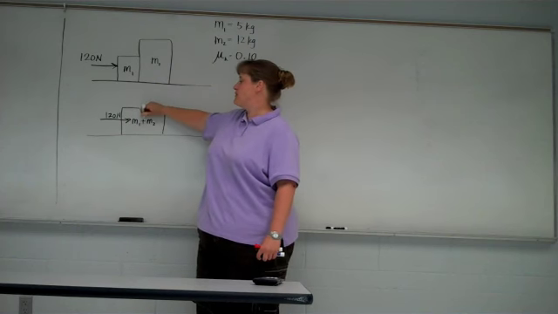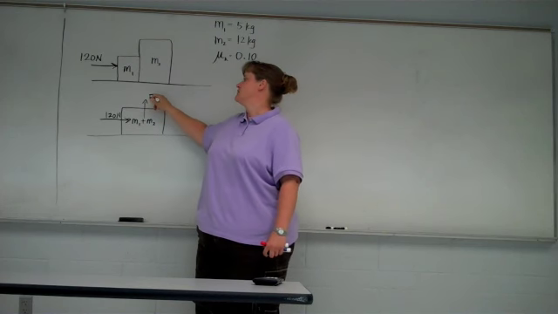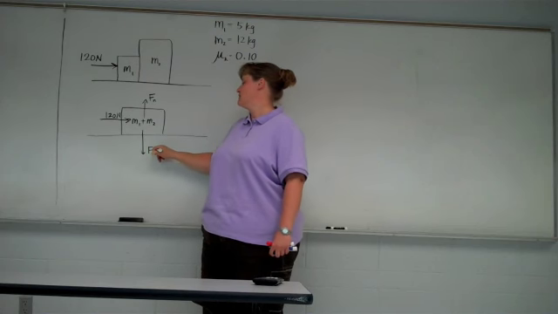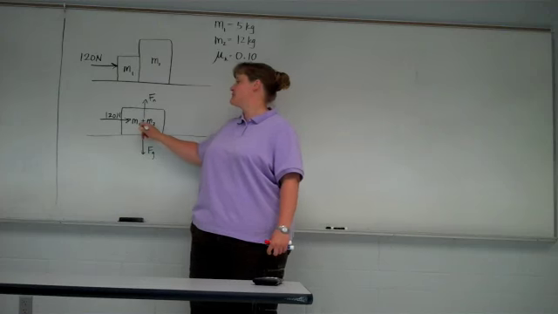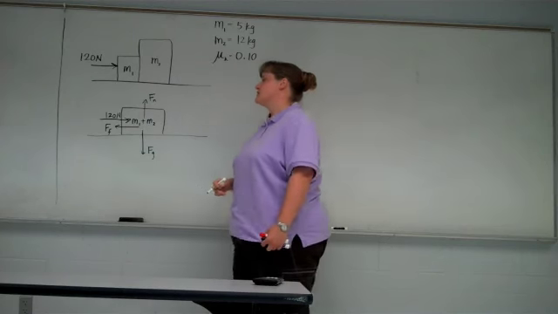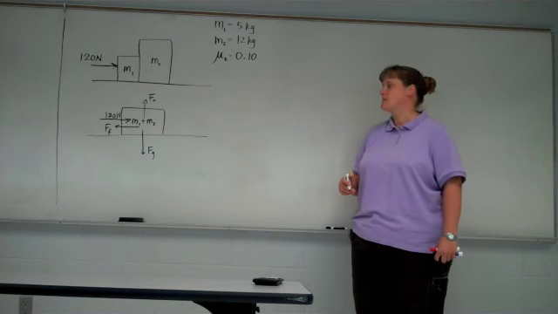We have a normal force from the surface, the floor, pushing up on the box, or boxes. We have the force of gravity, and we have some friction. So there's 4 total forces acting on the boxes.